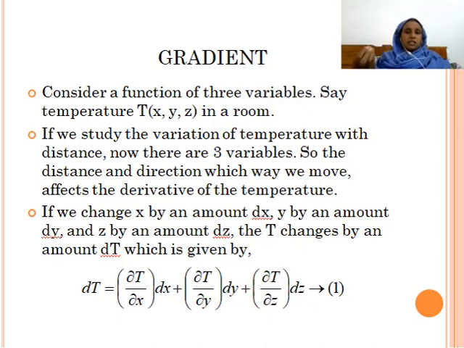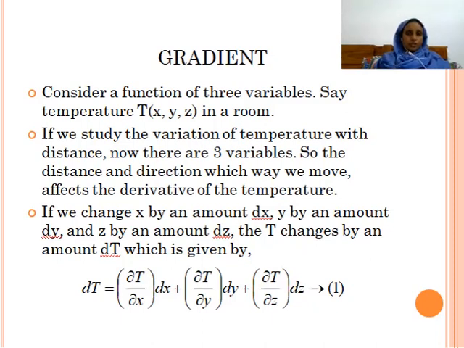In the previous case, the function depends only on one variable, but now there are three independent variables. So the temperature T depends on x, y and z. To discuss these types of problems, we use partial derivatives.